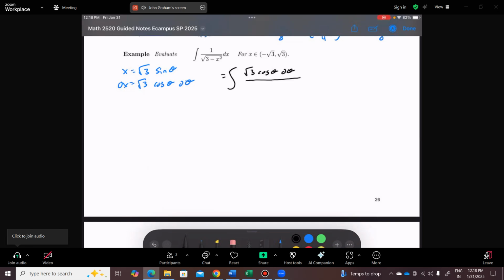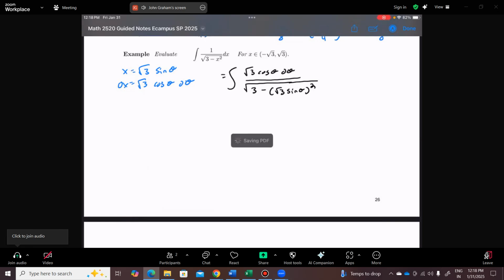On the bottom, we'll have square root of 3 minus square root of 3 sine theta squared. Of course, we'll have to do some simplifying in order to get things to cancel.